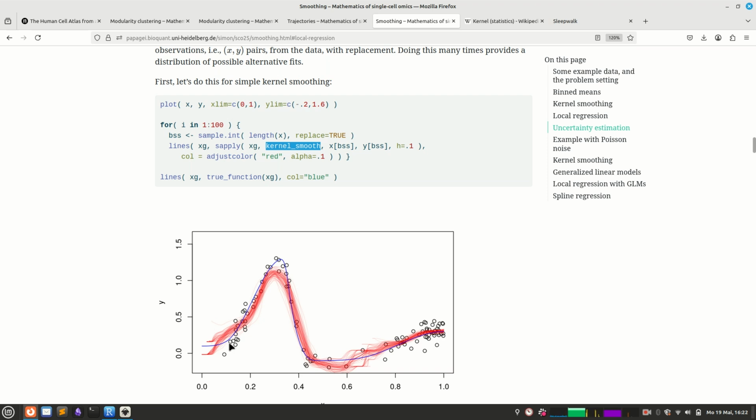What I've done here now is I ran this bootstrapping procedure 100 times and hence drawn 100 red curves, which each show the possible smoothing procedures which could come out. And this gives me a pretty good idea of how precise my smoothing works, how well I can approximate it.